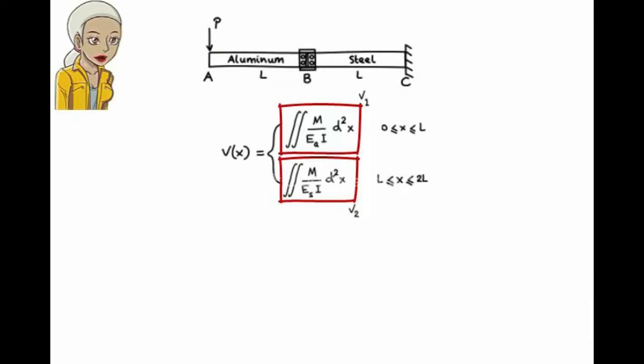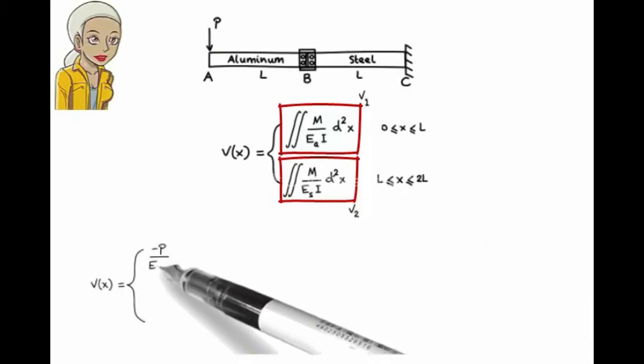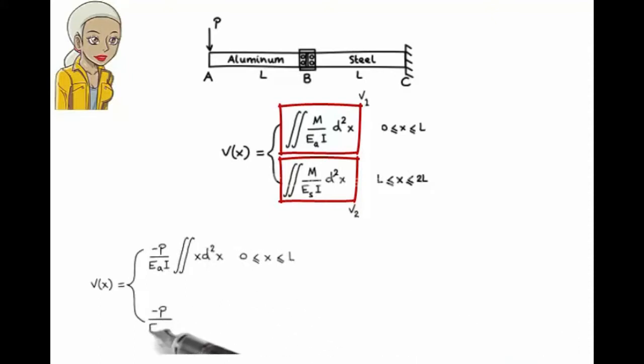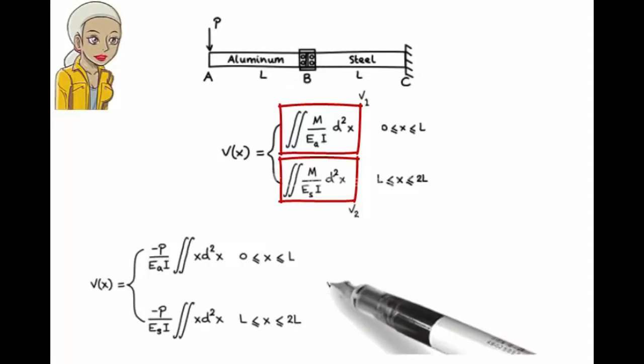Substituting negative Px for M, we get. Furthermore, since E sub S equals 3 times E sub A, let's rewrite V2 using E sub A.